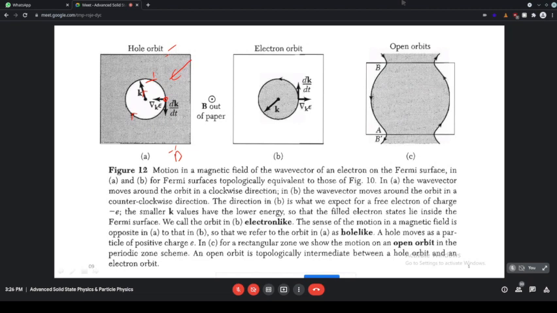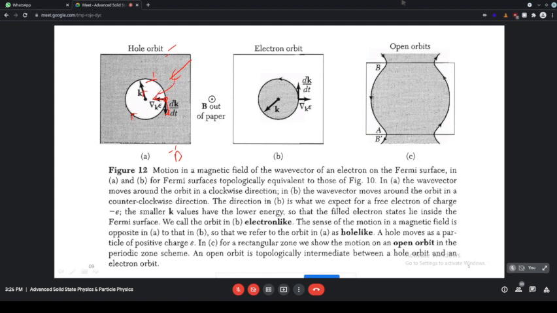Then how to find this k value? We can find the tangent to it with respect to this. This is the tangent to this, and this is the gradient of energy, the force or the velocity of this force acting on the particle.